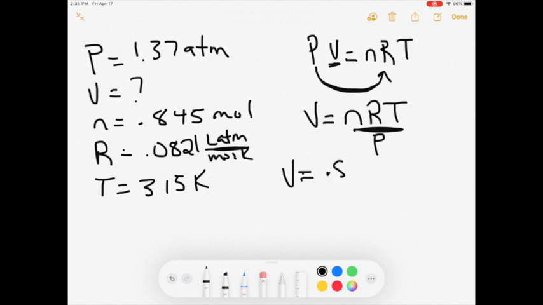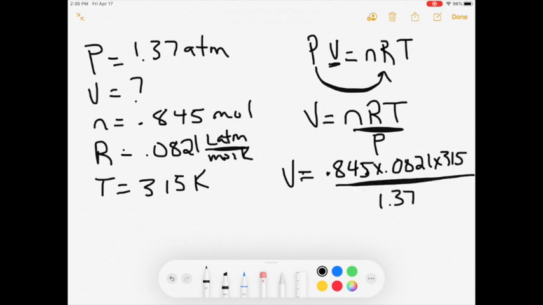Okay, so moles we have 0.845 times 0.0821 times 315 divided by our pressure, and we get 16 liters for our volume.